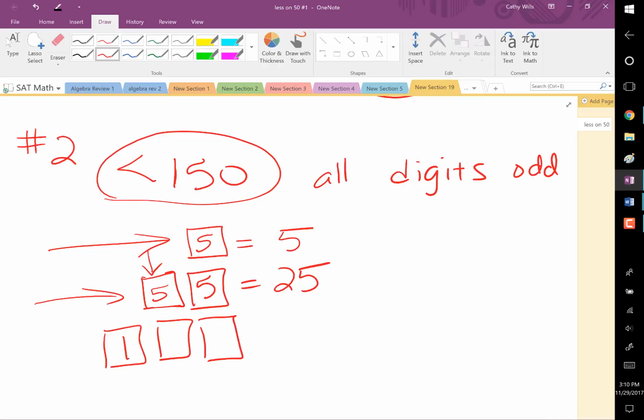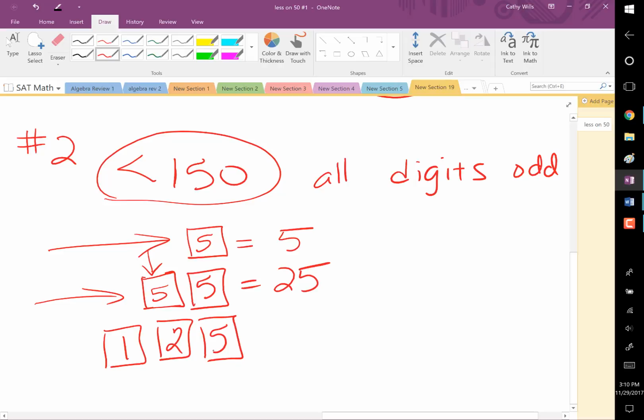And then the second digit has to be 4 or less because we can't go past 150. So the only odd numbers less than 4 are 1 and 3. So there's only 2 choices for that box because all the digits have to be odd. And then for the final box, it's just got to be odd. So it could be any of the odd numbers, 1, 3, 5, 7, or 9.